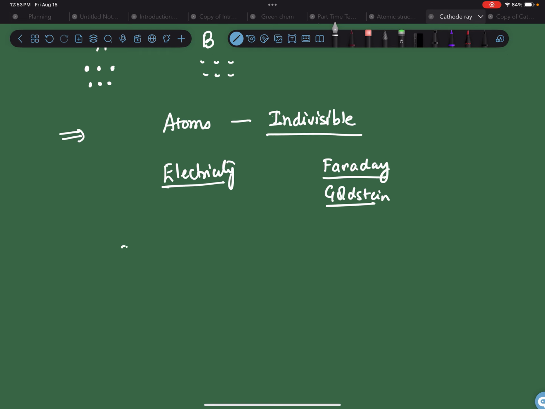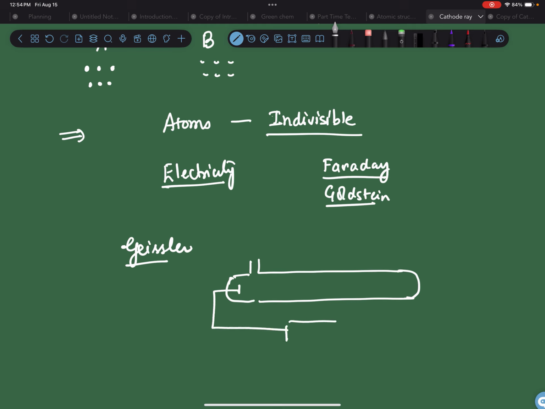His name was Geissler. So he designed some glass tubes, which he evacuated, tried to create a vacuum in them, and he generated electricity inside this tube, with high voltage to generate the current, right?